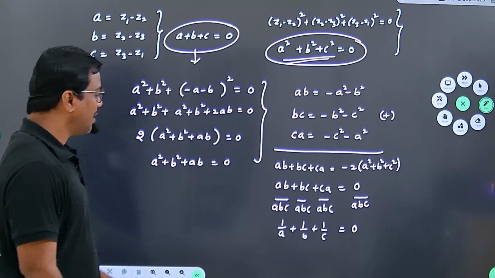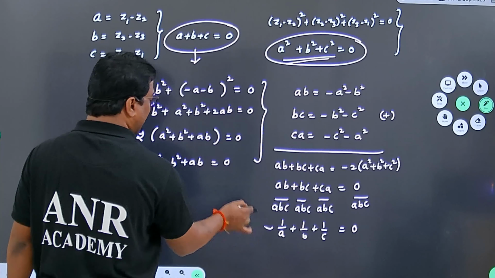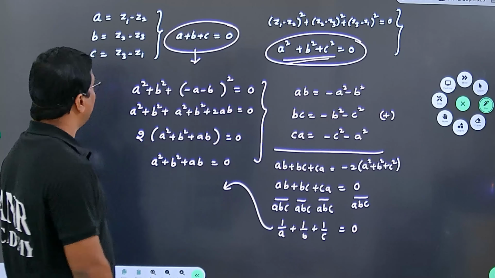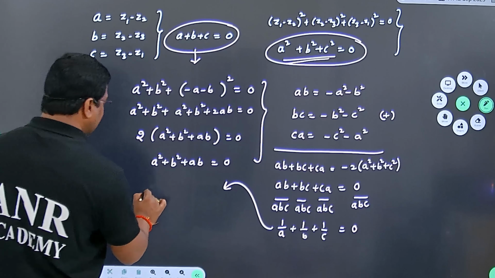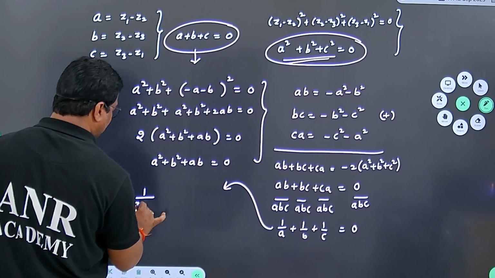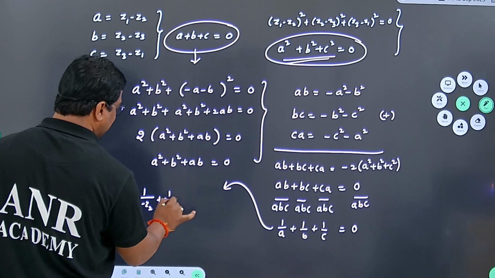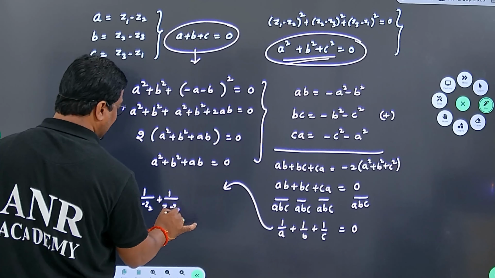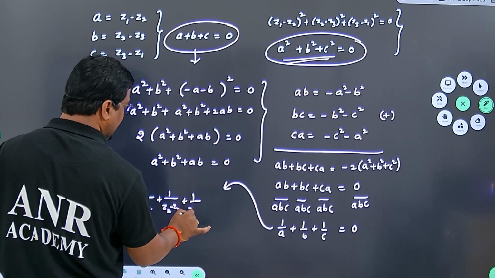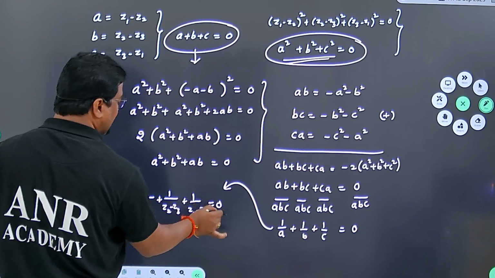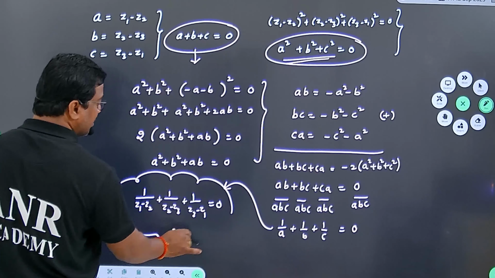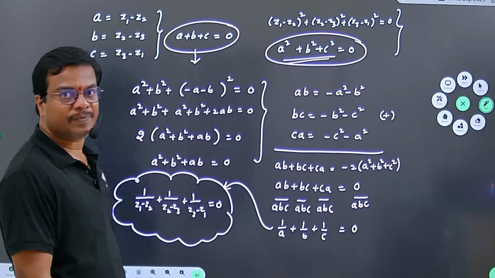You got the result 1 by a plus 1 by b plus 1 by c is 0. What is the value of a? a is clearly z1 minus z2. Next 1 by b, that is z2 minus z3. Next 1 by c, that is z3 minus z1, that becomes 0. And hence the third result is proved.